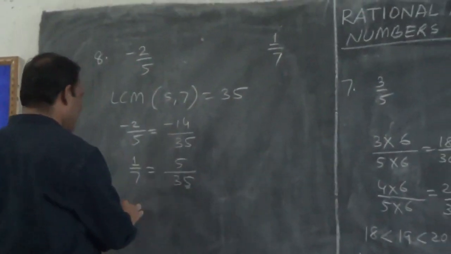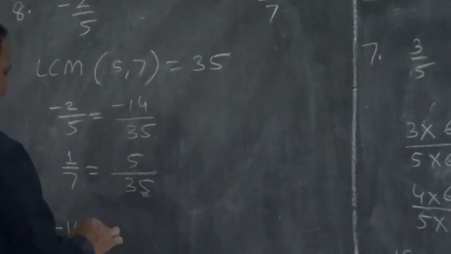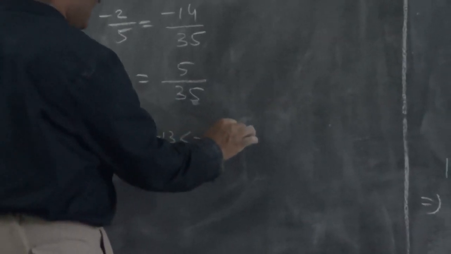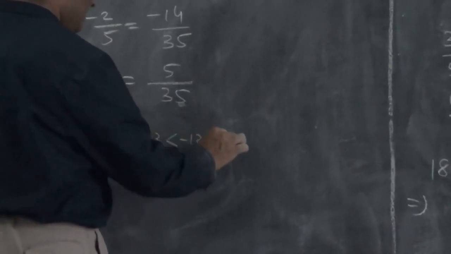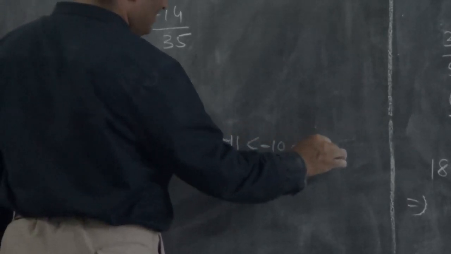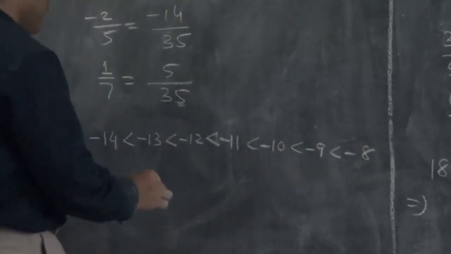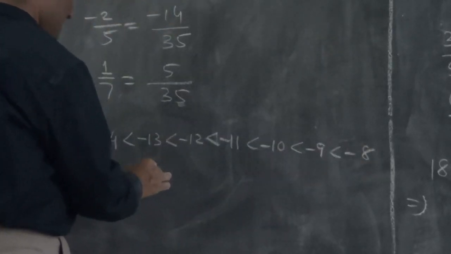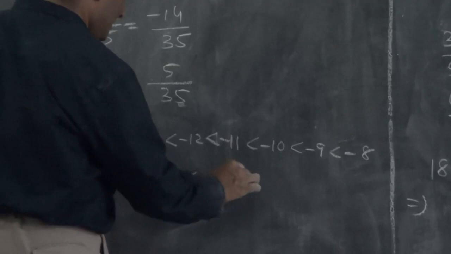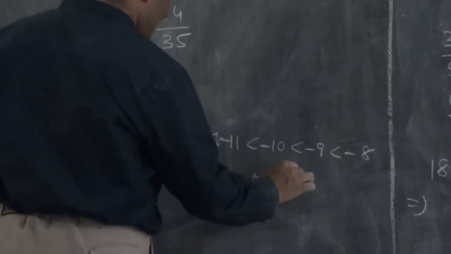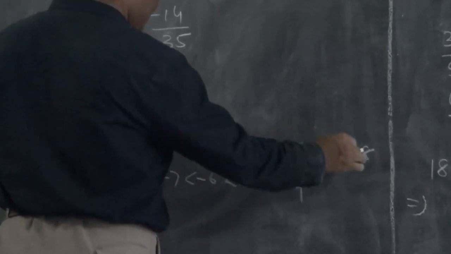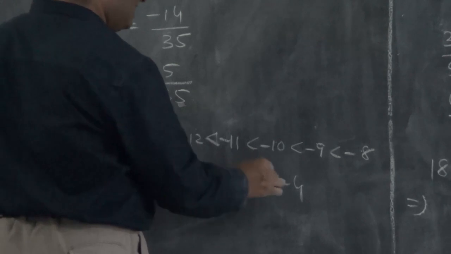So I can write here minus 14 less than minus 13 less than minus 12 less than minus 11 less than minus 10 less than minus 9 less than minus 8 less than minus 7 less than minus 6 less than minus 5 less than minus 4. How many did I get? 1, 2, 3, 4, 5, 6, 7, 8, 9, 10.